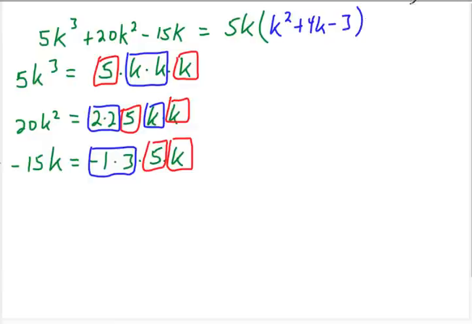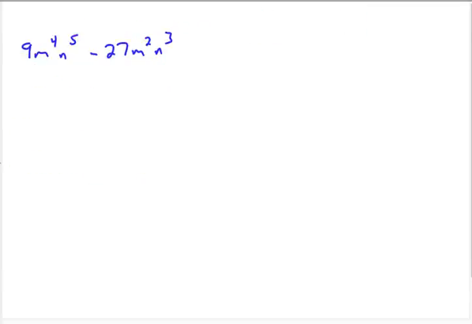So there you go. Now to check our answer, we're going to use the distributive property. 5k times k squared would be 5k cubed, that's correct. And 5 times 4 times k would be there. And 5 times -3 is there, so that's correct. Let's go one more.